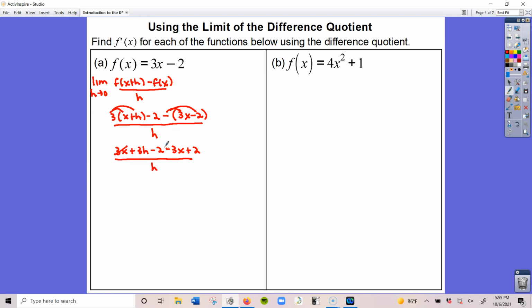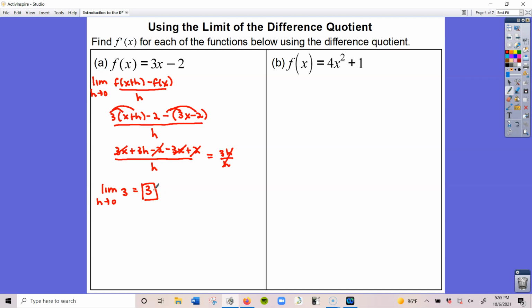We can cancel out the 3x's as well as the 2's, and I'm left with 3h over h. And then the h's would cancel. So when I evaluated all of this, we end up with 3. So we're finding the limit as h approaches 0 of 3. And the limit of any constant is always that constant.